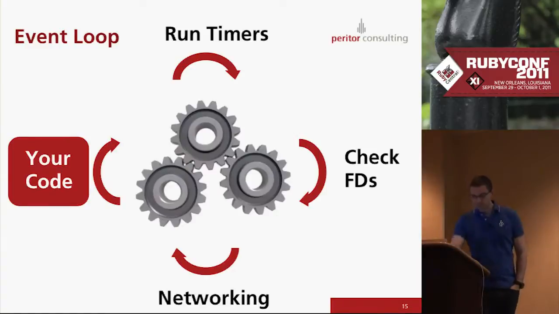And what you have to keep in mind is that you should not disturb this cycle. Unfortunately, it's very easy to do so. If you somehow break it by your code being too slow, everything falls apart.